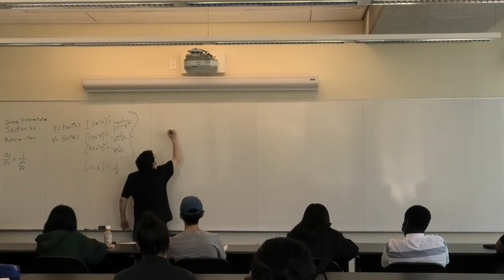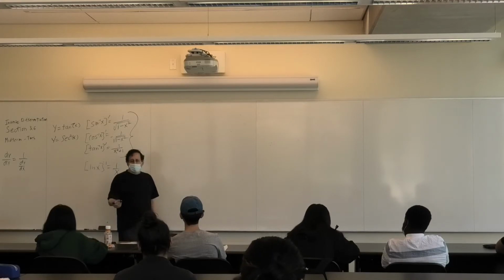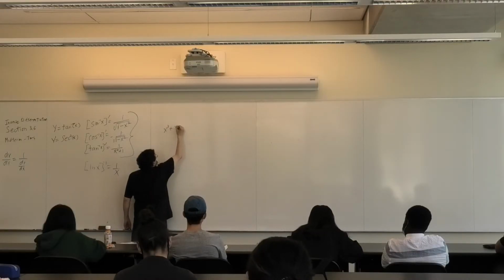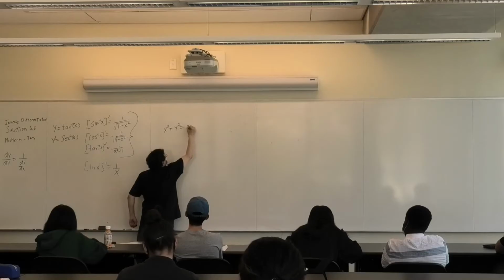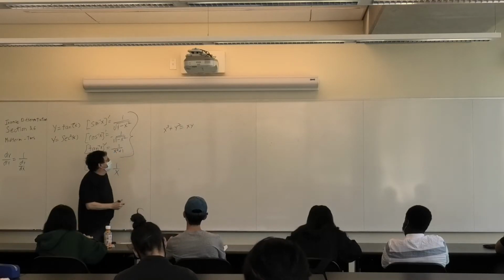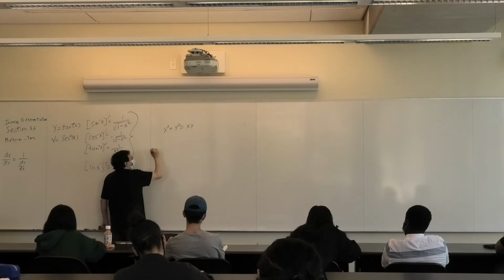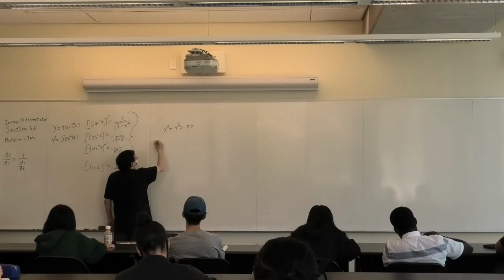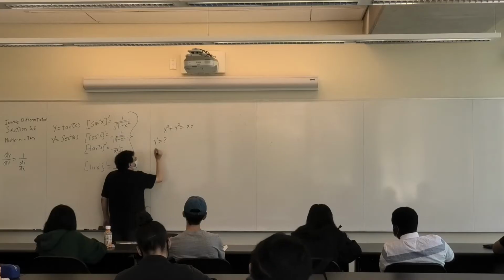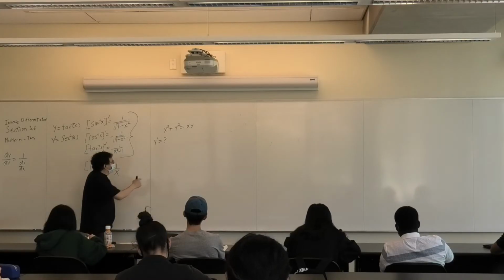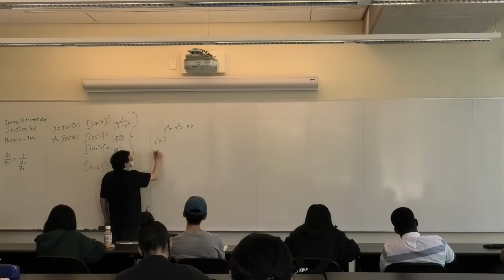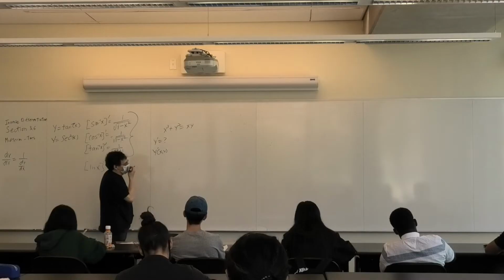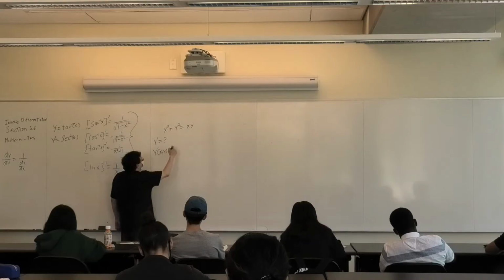If I have some description of a curve, an equation like x cubed plus y squared equals xy, I don't have y explicitly in terms of x. I can't really solve this. But I do want to know what y prime is, maybe in terms of x and y. I can do that with implicit differentiation. And here's how I go about it.